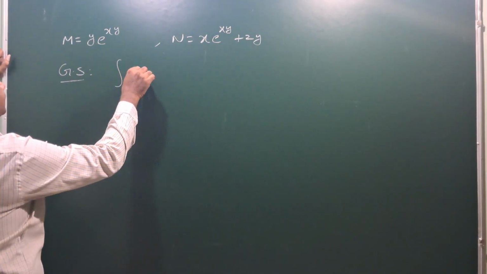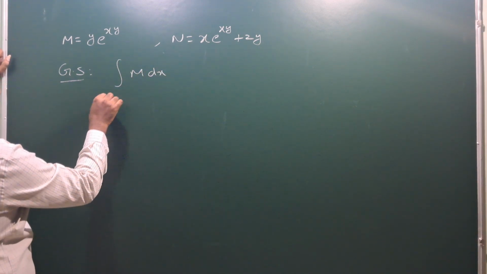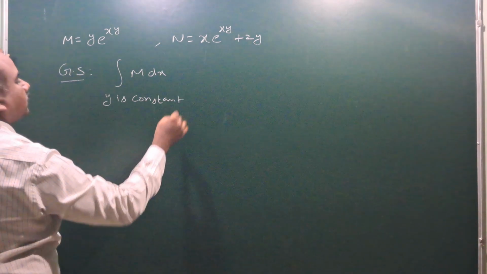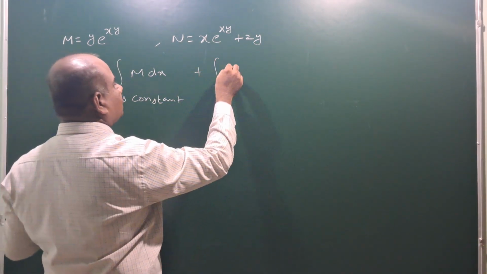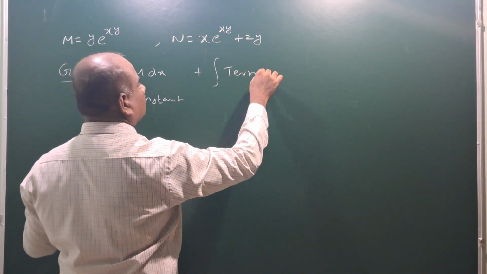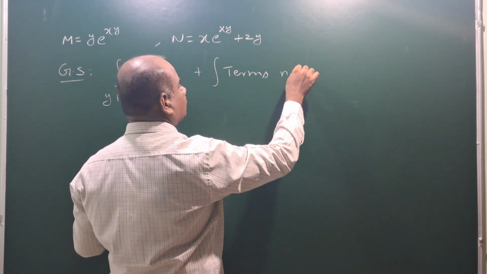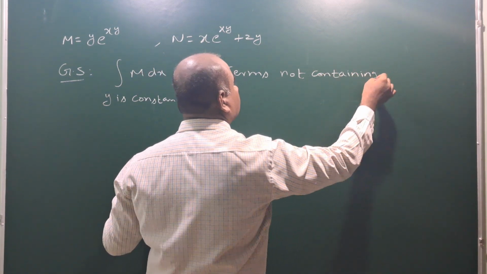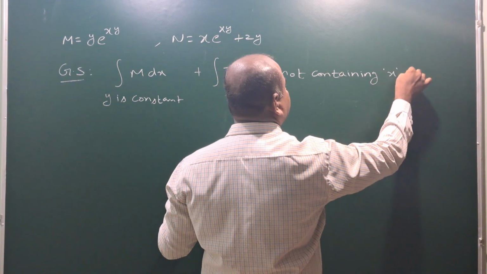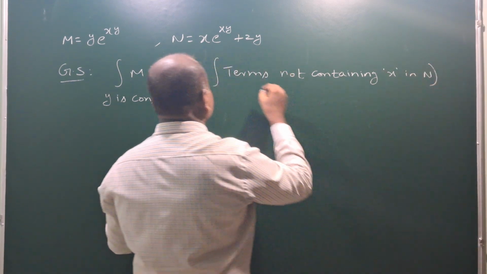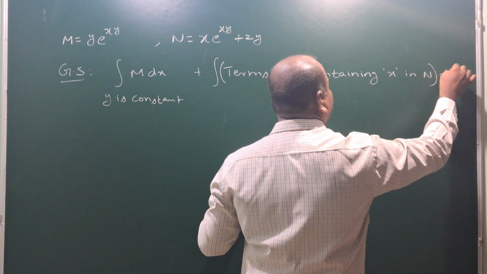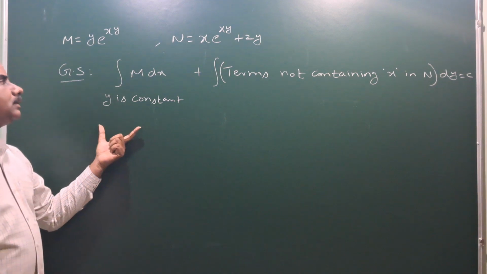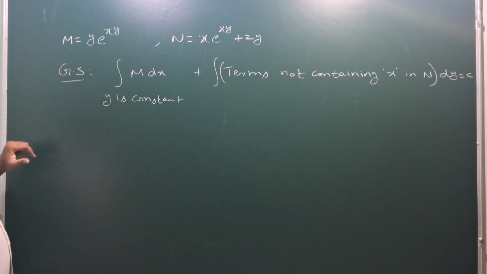The formula is like this: integral M dx, with y constant, plus integral of the terms not containing x in N dy is equal to c. So this is the formula to find the general solution of the given differential equation.